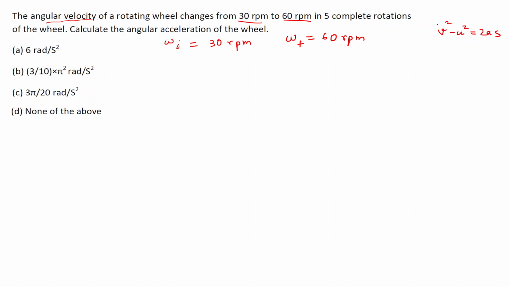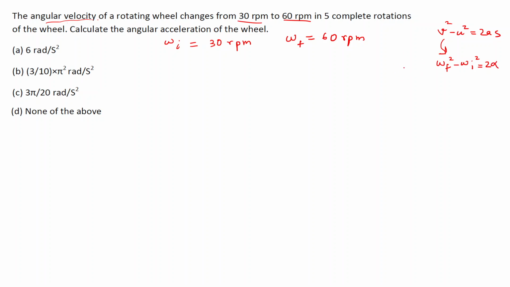This is the third equation of motion for a body in linear motion. When we put it into rotational form, it changes to final angular velocity square minus initial angular velocity square, with angular acceleration denoted by alpha.